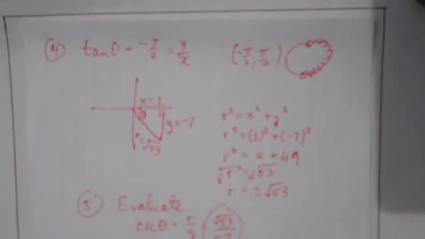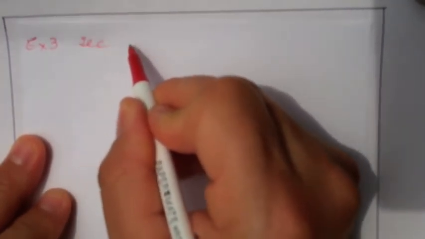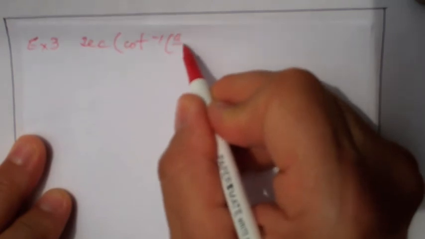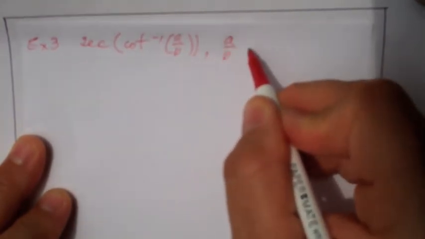And now let's do a third example that's a bit more abstract. So example 3. Suppose we have secant of cotangent inverse of a over b, and we're given, for example, that a over b is positive.